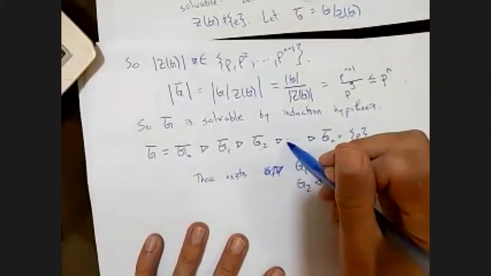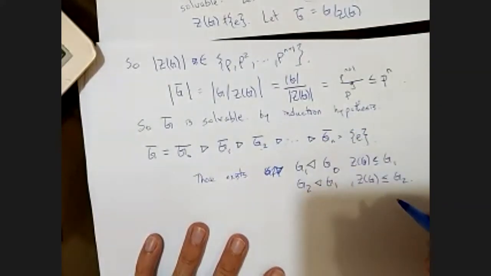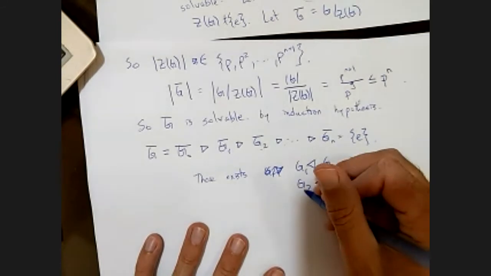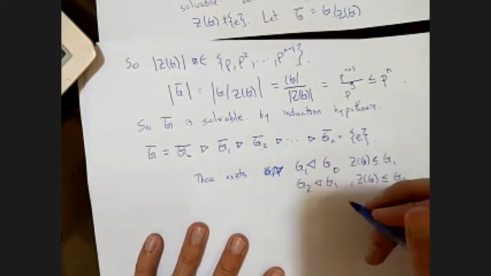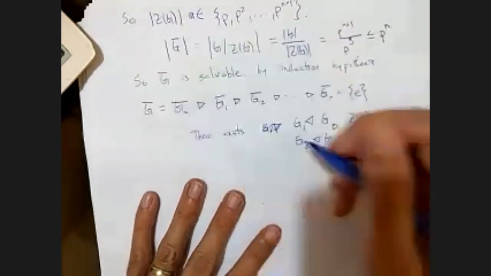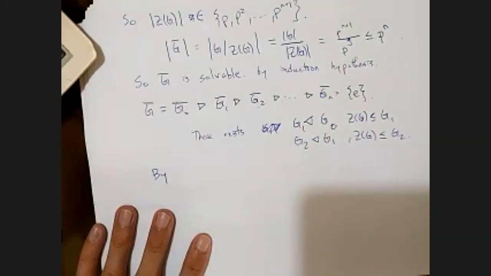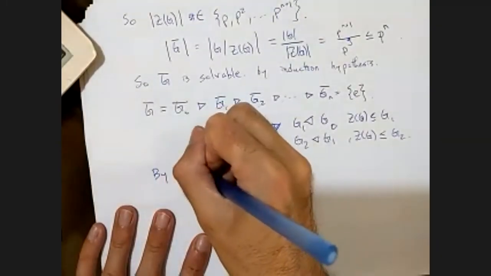Okay, and then G3 bar is a normal subgroup of G2. So there has to be a normal subgroup G3 of G2 containing the center. So this is by, I'll just say, by the isomorphism theorems.